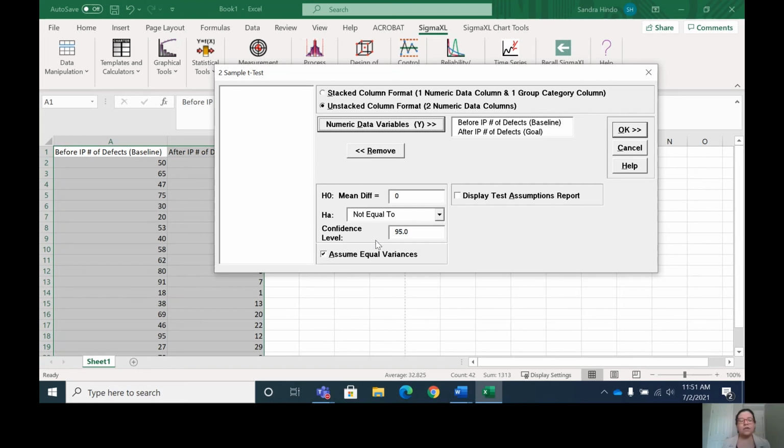And then the most standardized confidence level is 95%. In simple words, the confidence level basically means how confident are you that the conclusions that you're going to be drawing about your study are accurate.